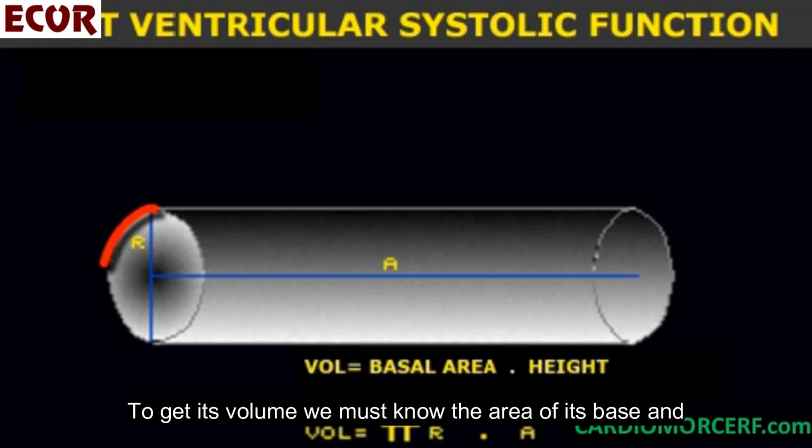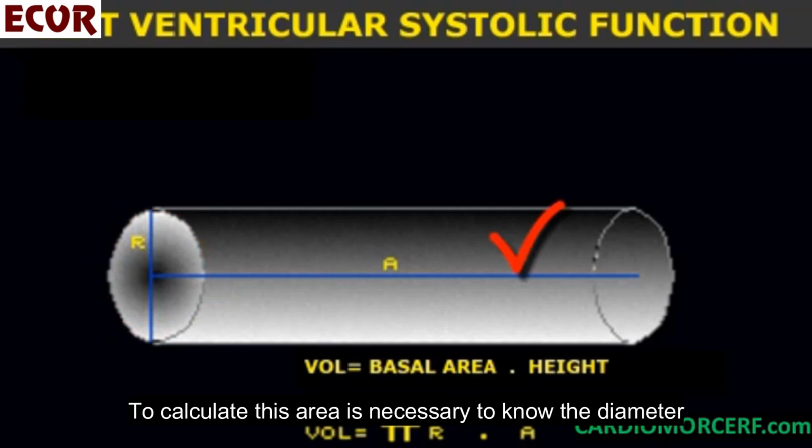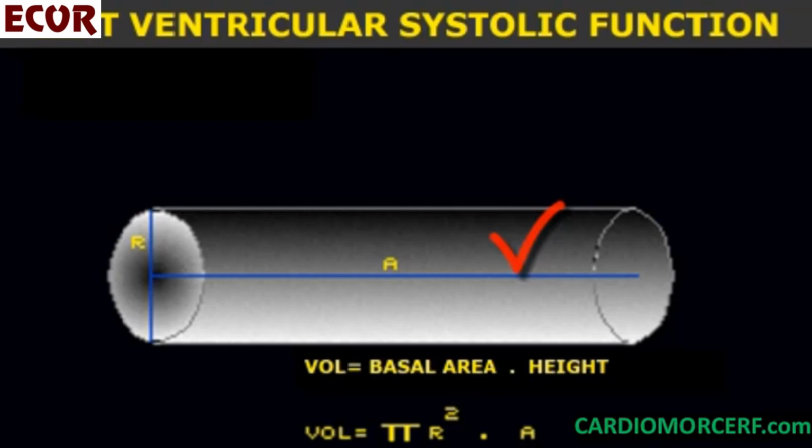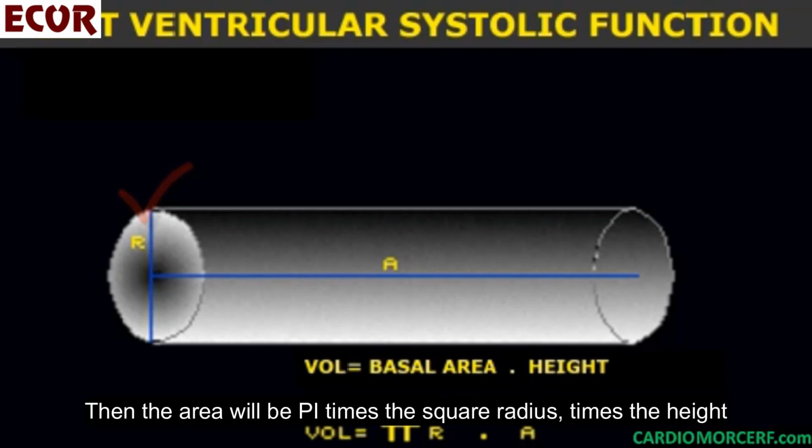To get its volume, we must know the area of its base and multiply it by its height. To calculate this area, it is necessary to know the diameter of the base, circumference. Half of this is obviously the radius. Then the volume will be pi times the squared radius times the height.